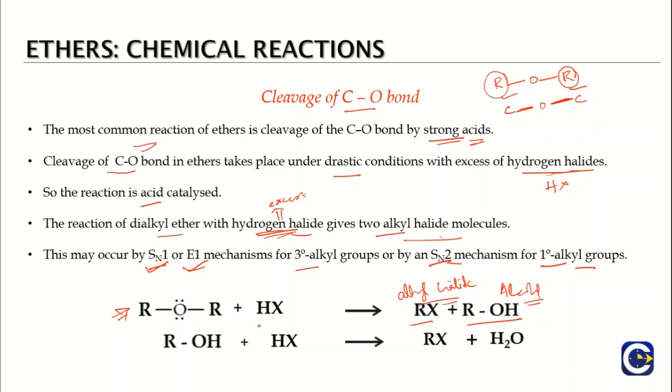But if we use excess hydrogen halide, then the alcohol can further react with the hydrogen halide, and as we have already discussed, the reaction of alcohols with hydrogen halides gives the alkyl halide. So with excess hydrogen halide we get two molecules of alkyl halide, and if we use a limited amount of hydrogen halide, we obtain an alcohol and an alkyl halide as the products.